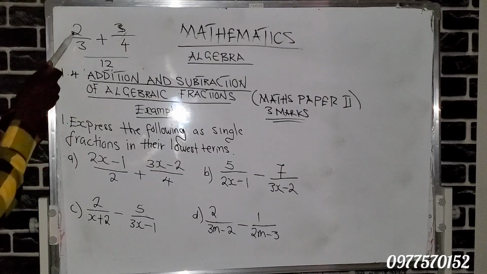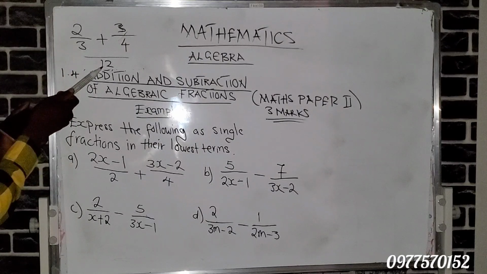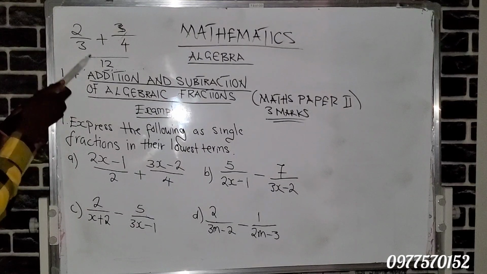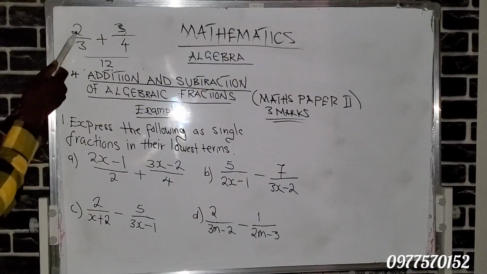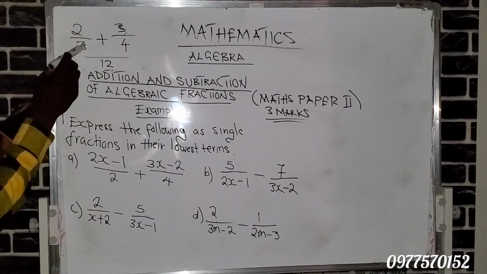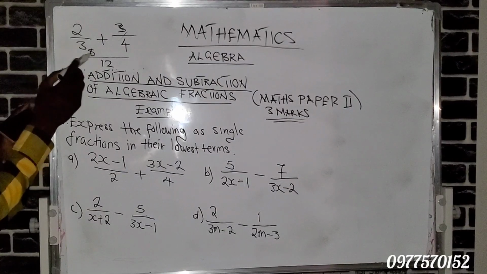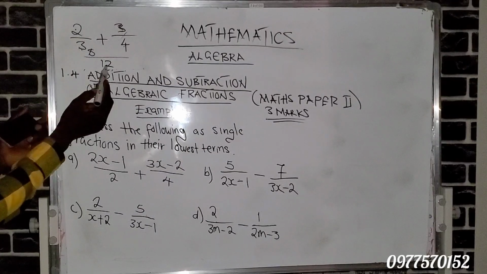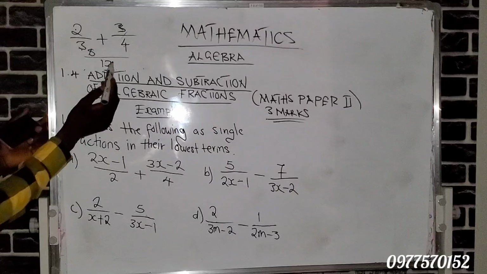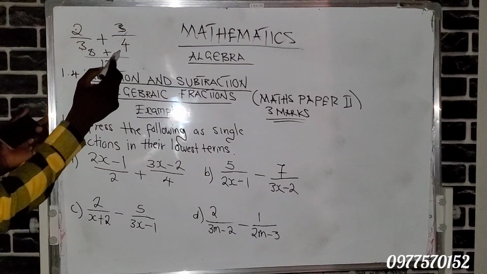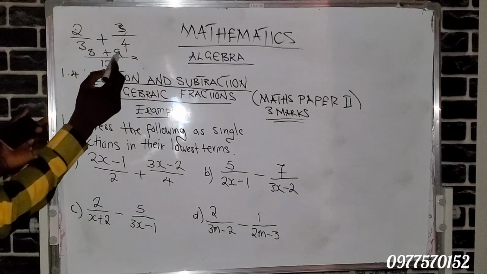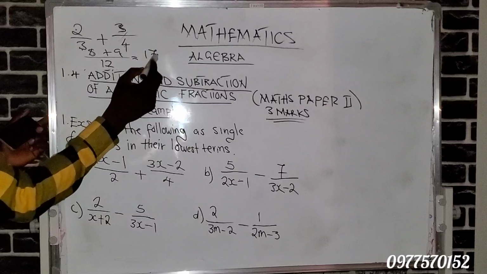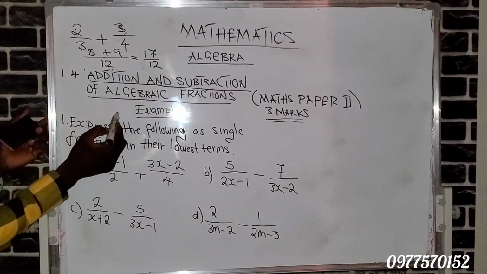Then you start dividing. 3 into 12, how many times? 4 times 2 is 8. You divide, then you multiply. 4 into 12, 3 times. Then 3 times 3 is 9. So plus 9. 8 plus 9 is 17 over 12.